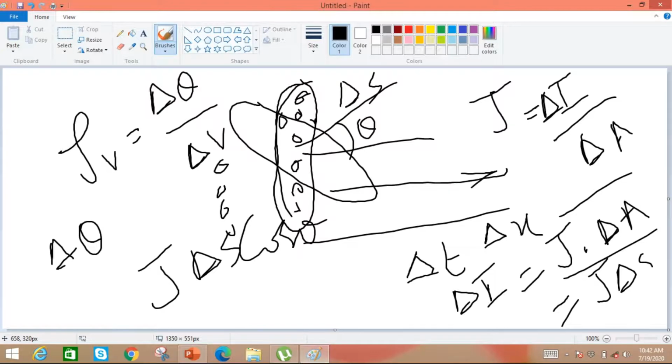That is why I told you that the current gets reduced by the angle cos theta.